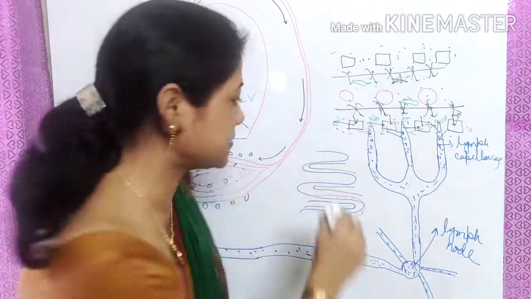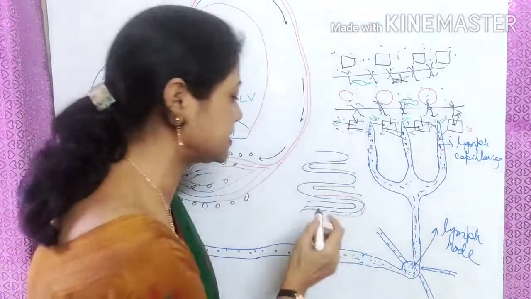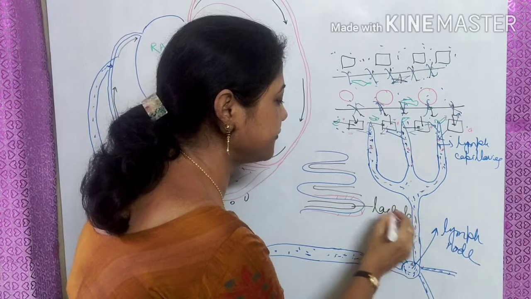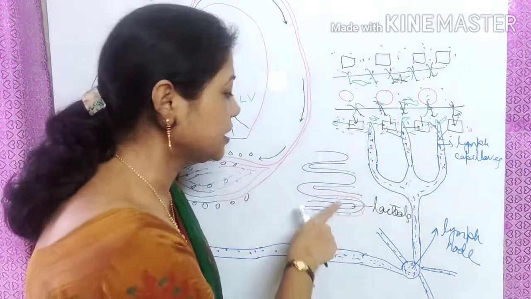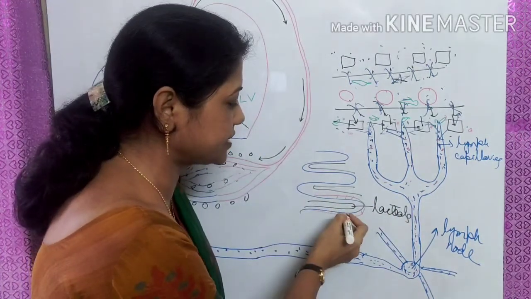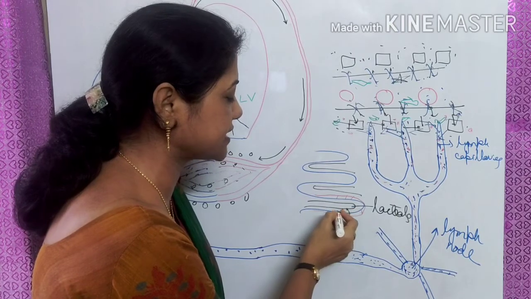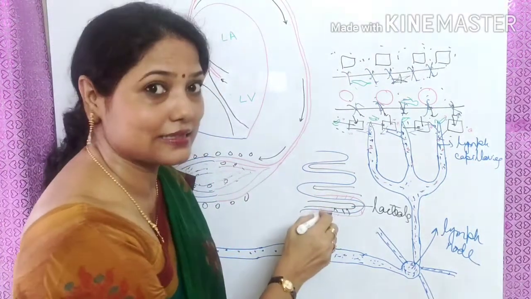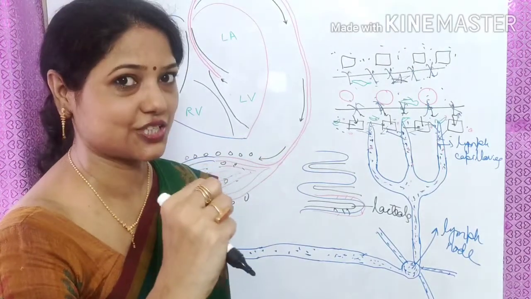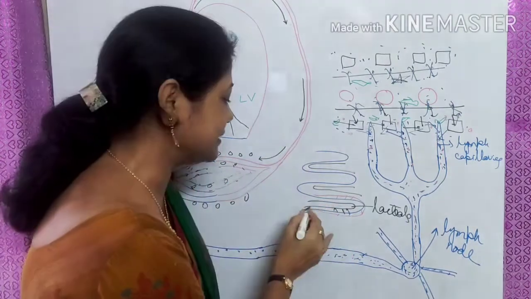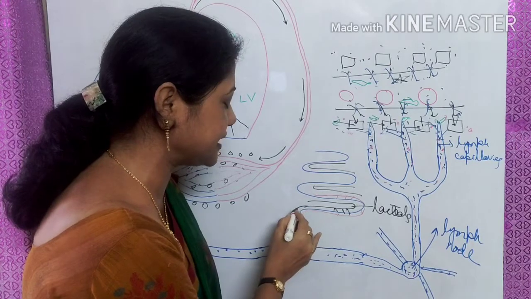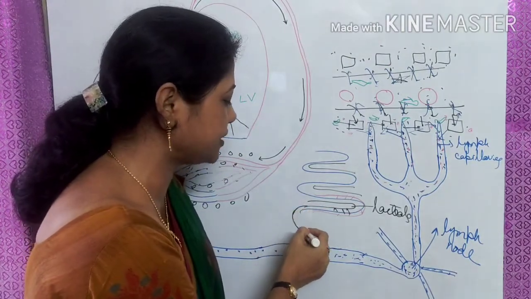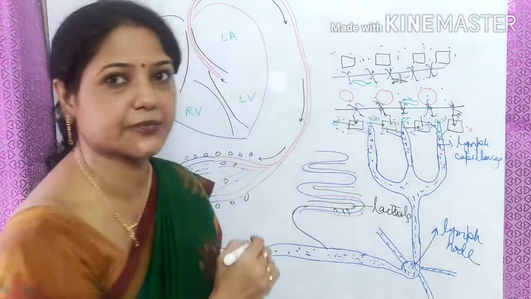The digested fat comes out from the intestinal wall and enters inside these lacteals. The lacteals take up the digested fat, and then the lacteal, containing the digested fat, comes out from the intestine and joins into the lymphatic duct.